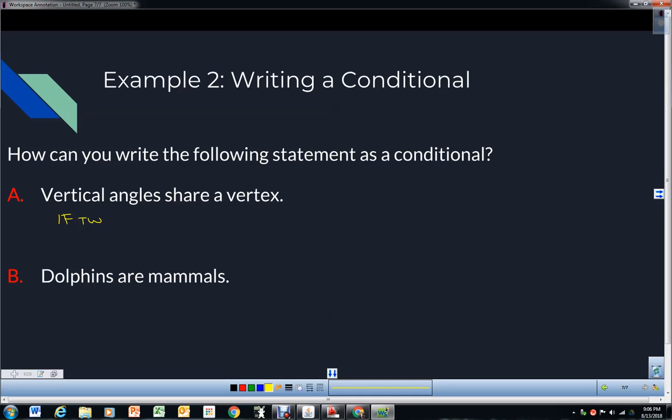So if two angles are vertical, then the angles share a vertex.